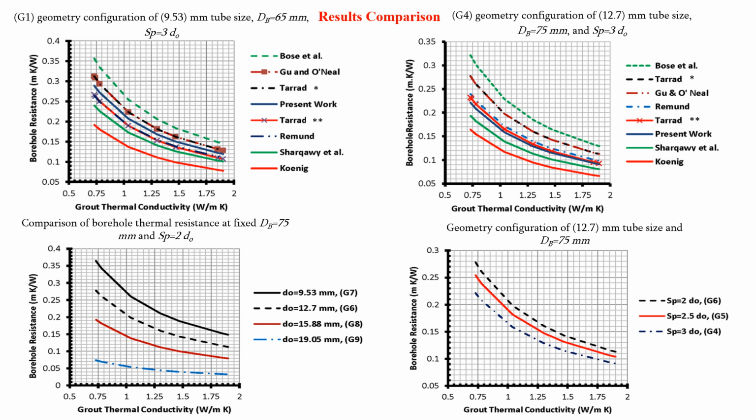And to show the effect of the spacing on the overall borehole resistance, here we have this figure where at SP equal to 2D naught, G6 has higher resistance, and as we increase the spacing, then we will reach a minimum at SP equal 3D naught at constant D bore.